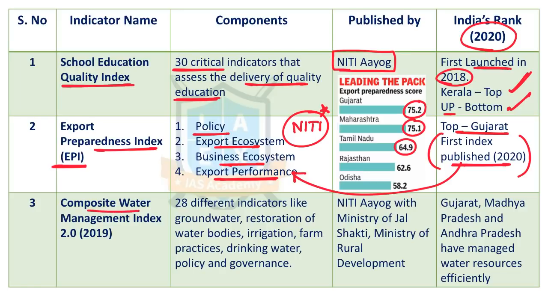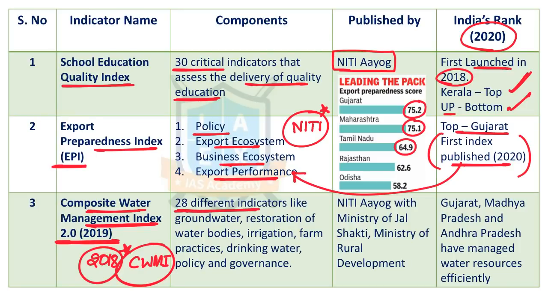Next one is Composite Water Management Index 2.0. That means this is the second edition of Composite Water Management Index. In the year 2018, Niti Aayog released Composite Water Management Index 1.0. That is the first edition. It considers 28 different indicators like groundwater, restoration of water bodies, irrigation, etc. And Niti Aayog, along with Ministry of Jal Shakti, Ministry of Rural Development, releases this particular index.